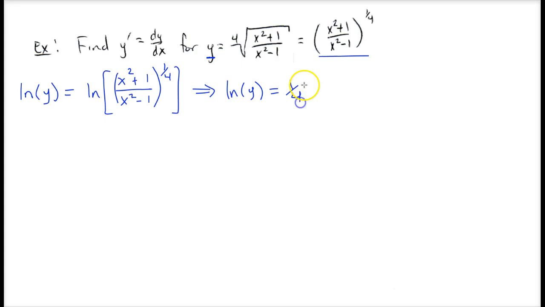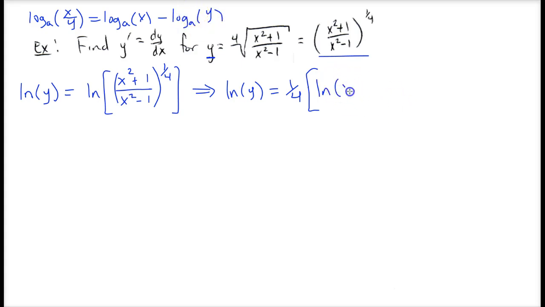So that'll be 1/4 times natural log of, and then of course division inside the logarithm we know means that we can do subtraction. So in other words, log base a of x divided by y is log base a of x minus log base a of y. And so if we use that property, then it ends up looking like this when we do it.